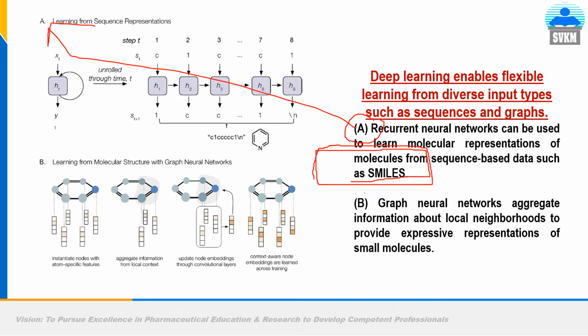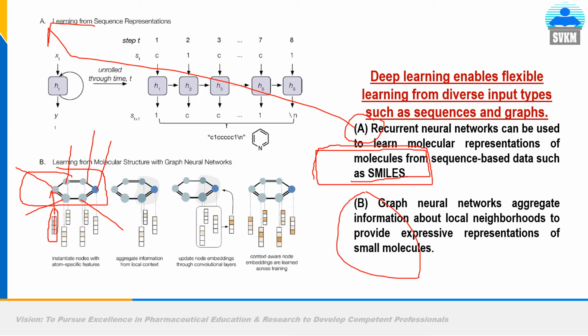Second is graph neural network. So this is the structure of benzene. For example, 6 nodes are there, that is 6 atoms, that is 6 vertices. This particular feature vector indicates the property of this particular atom. Likewise, 6 feature vectors for 6 atoms.